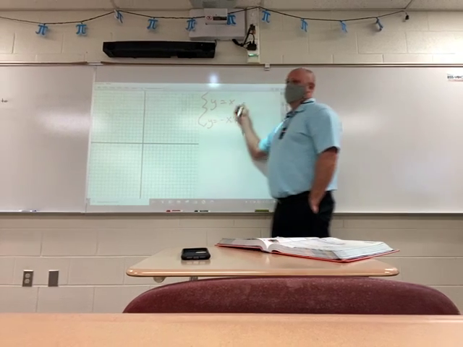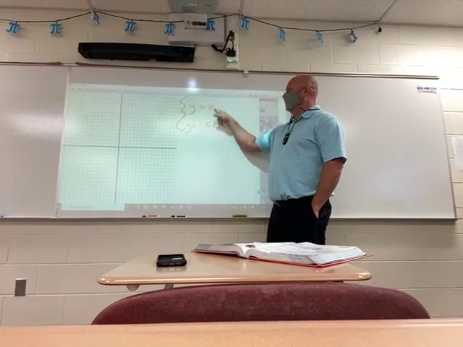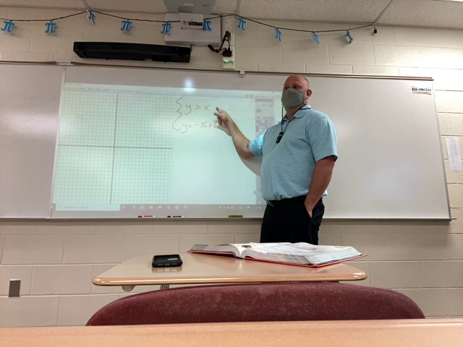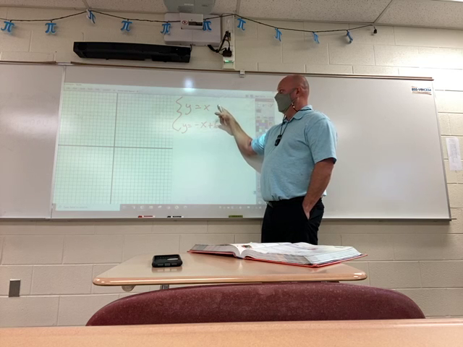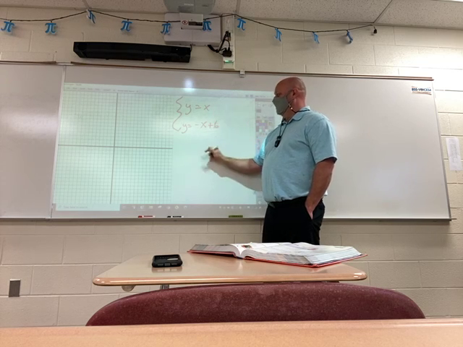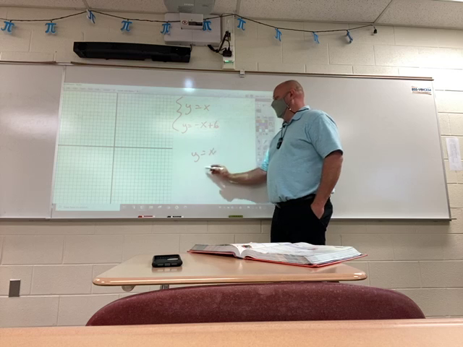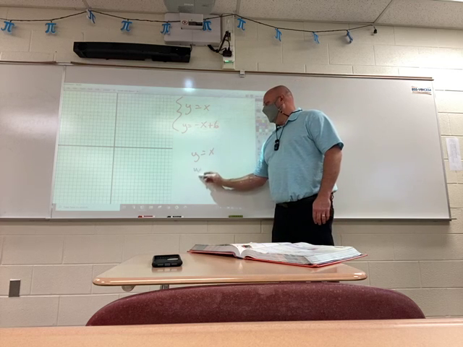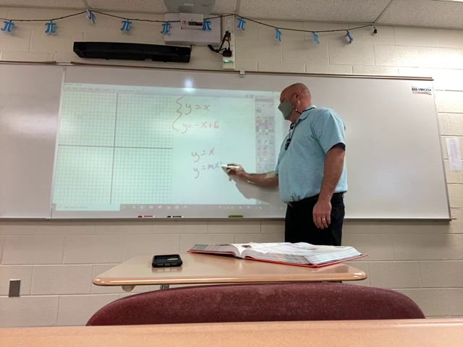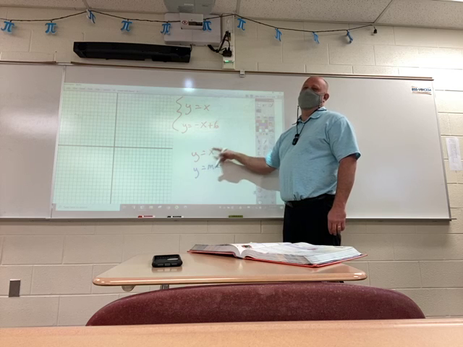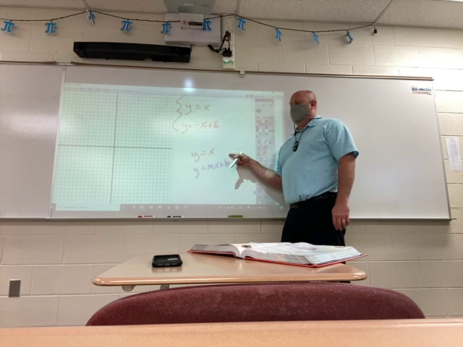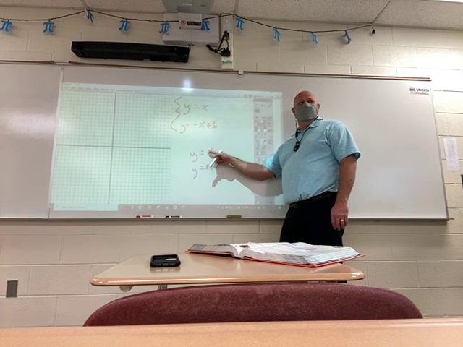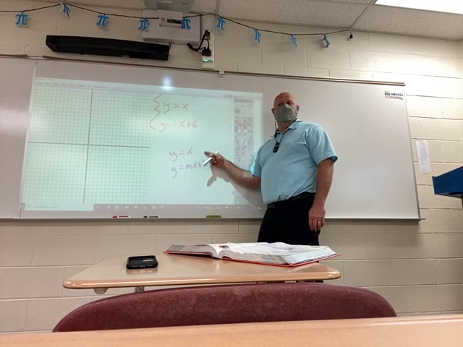For the first one, what's my y-intercept? What number's right here? If it's y equals x, and you're comparing it to y equals mx plus b, what's my slope? What's my y-intercept? My slope is 1. My y-intercept is 0.